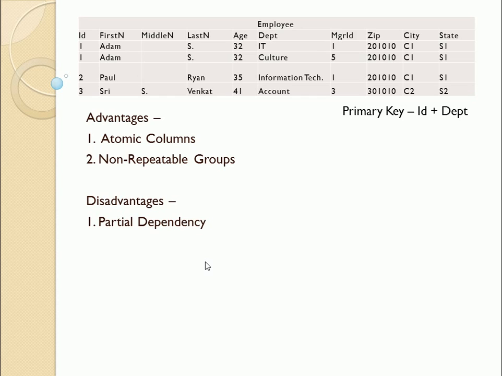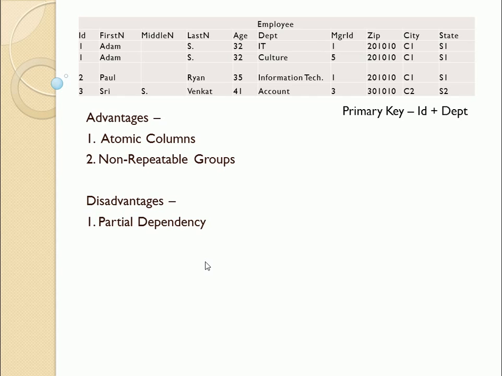So we can say that address is only partially dependent upon the primary key. That is, it is only dependent upon one of the two columns of the primary key, that is the ID of an employee. So this is a partial dependency, and this is not allowed in second normal form.